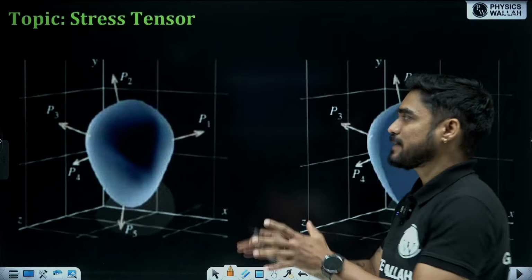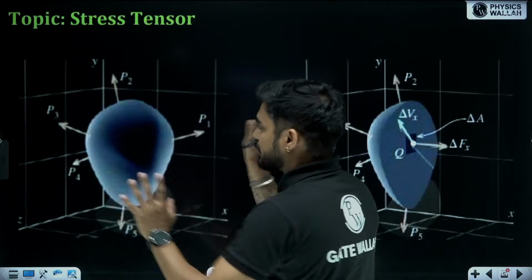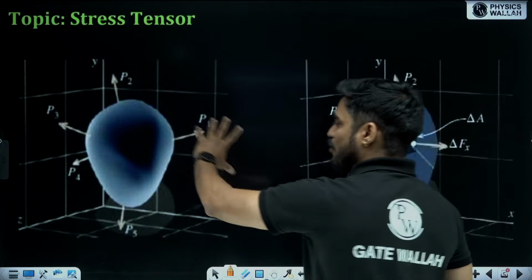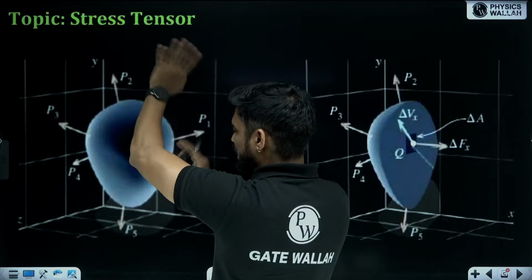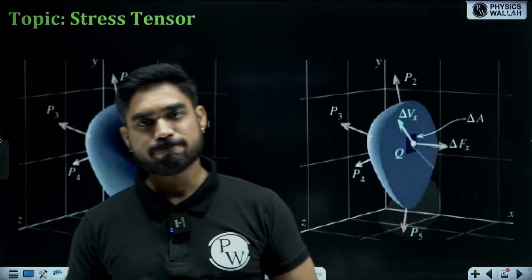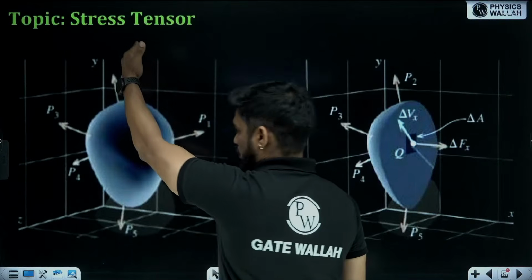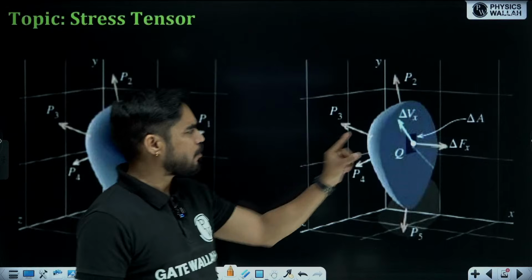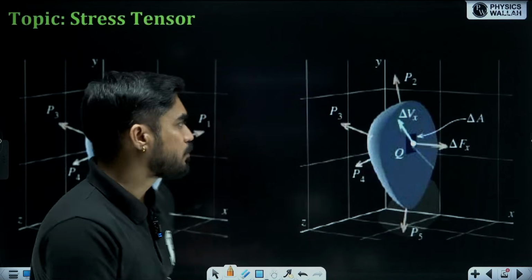Let's say that you have a body which is subjected to a lot of external loads. You can see in this diagram, there is a body, it is subjected to three-dimensional loading: P1, P2, P3, P4, P5. These loads are three-dimensional. Now, if you cut this body using any plane, then at any point on that plane, you will get a lot of internal forces also, right?